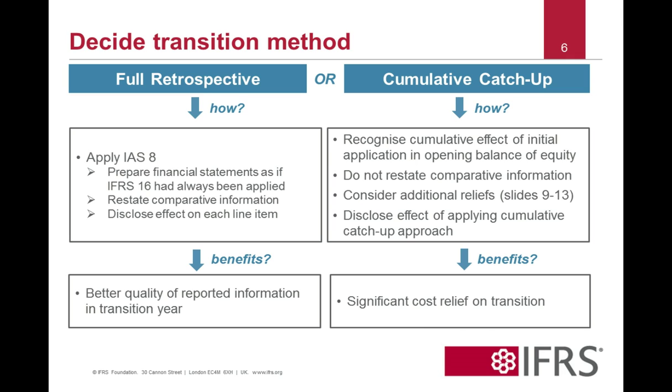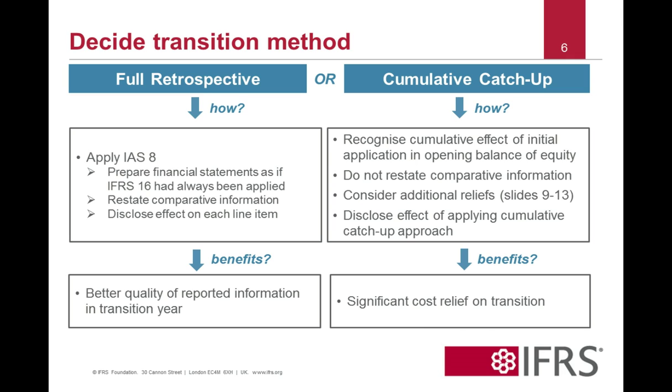This approach would involve restating comparative information and, in accordance with IAS 8, would require some disclosure about all line items affected by the transition to IFRS 16. This is, of course, the default transition approach for a new IFRS standard.